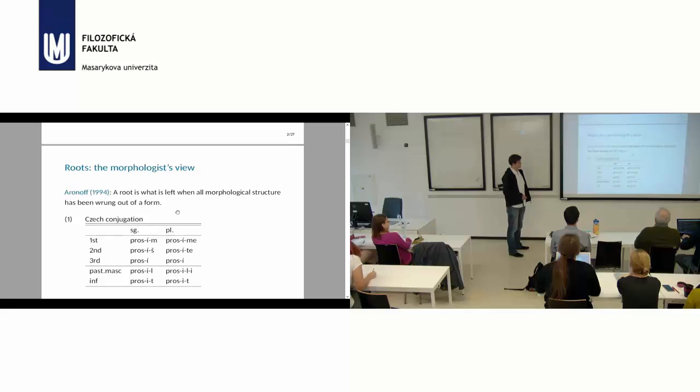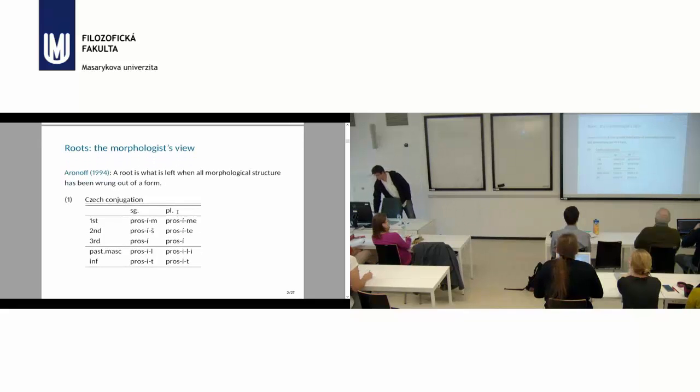And if I try to wring out the morphemes further and further, what I'm going to end up with is a segmentation that you see here, where you have the root pros, and in case you don't speak Czech, that means to ask for something.